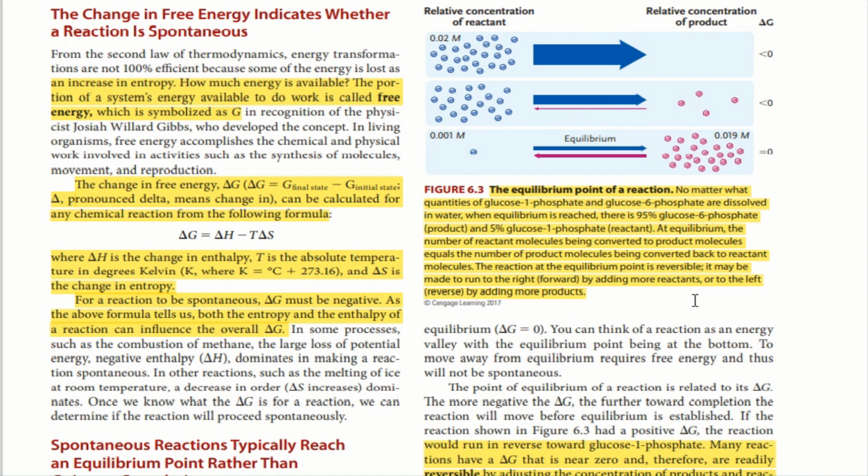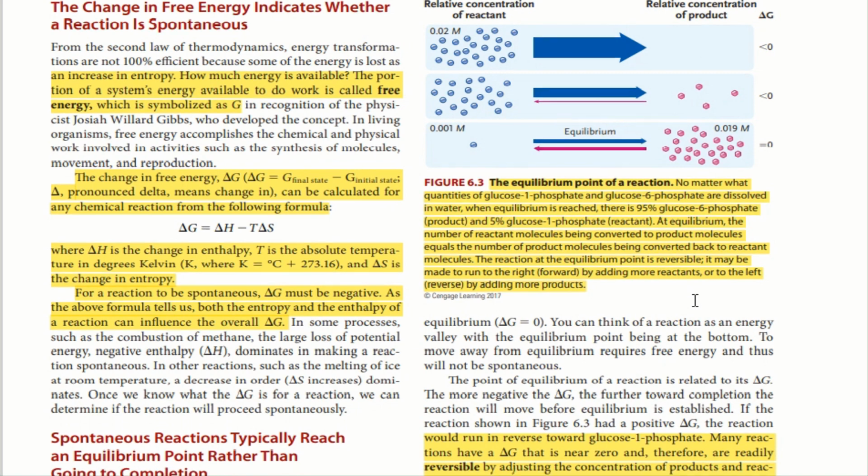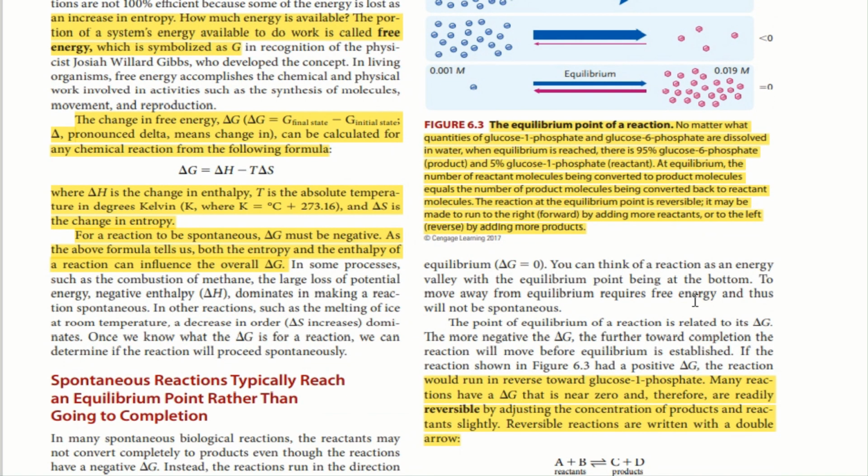The change in free energy, delta G, can be calculated for any chemical reaction from the following formula. So delta G equals delta H minus T delta S. Delta H is the change in enthalpy, T is the absolute temperature in degrees Kelvin, and delta S is the change in entropy.